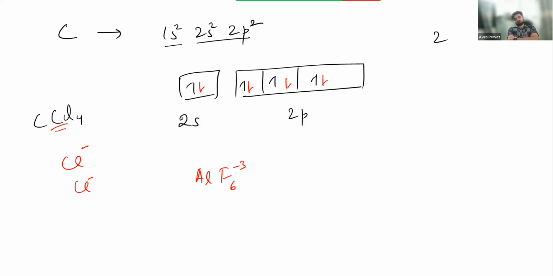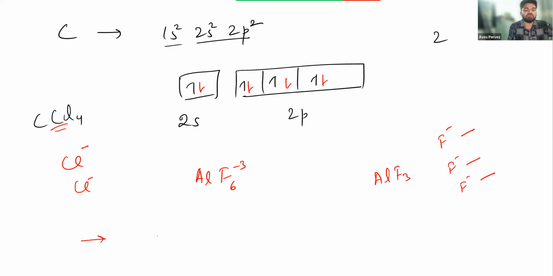AlF3 is simply possible because aluminum can make a bond with 3, like AlCl3. But can it be possible to have an extra 3 fluoride ions, each having 1 negative charge? Is it possible? That means 2 electrons for this one, 2 electrons for this one, 2 electrons for this one. Are 3 vacant orbitals there or not? Check whether 3 vacant orbitals are there or not.